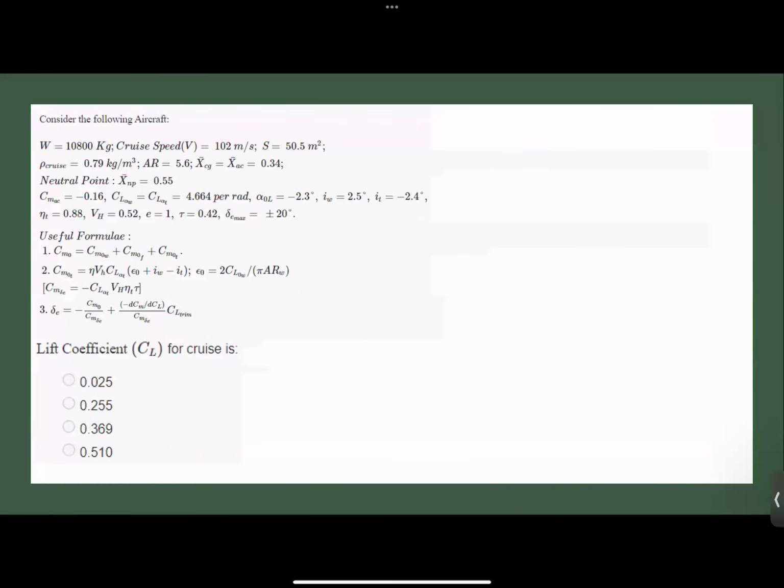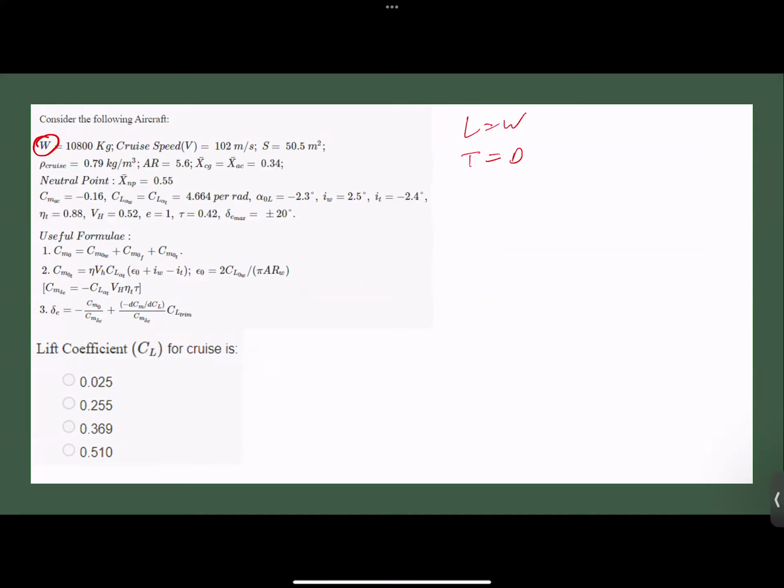So the first question is the lift coefficient for cruise. What was cruise? Cruise was one of the equilibrium conditions or trim conditions where you have lift equal to weight and thrust equal to drag. So what we can do here is that the weight is given to us, we can assume lift equal to weight and then find out the CL. So how do we find out CL?